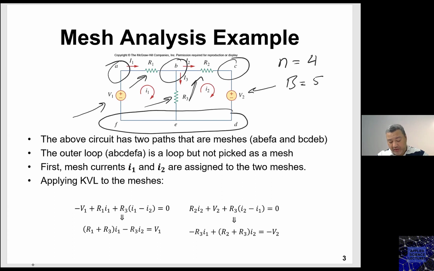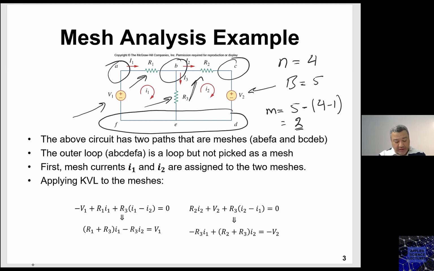So we can look at the number of meshes as 5 minus 4 minus 1, which is 2. So I need to pick 2 meshes out of the 3 meshes that I have here in general. If you recall, we said that we can look at A, B, E, F as a mesh.